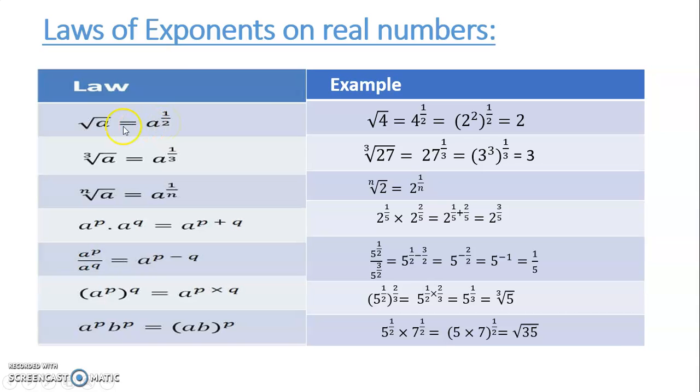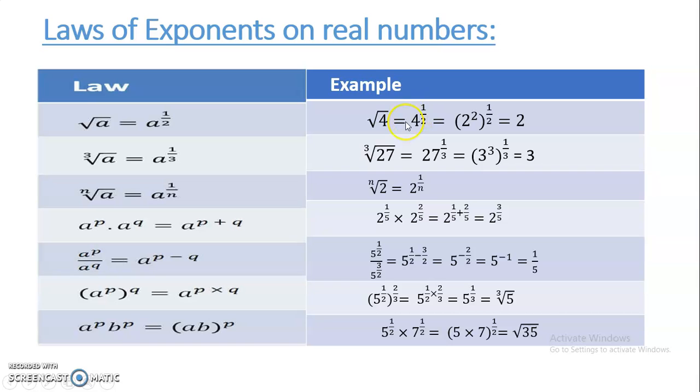For example, see the radical sign over 4. We say this as under root 4. This radical sign you can remove and put the fraction 1 by 2 on the top.